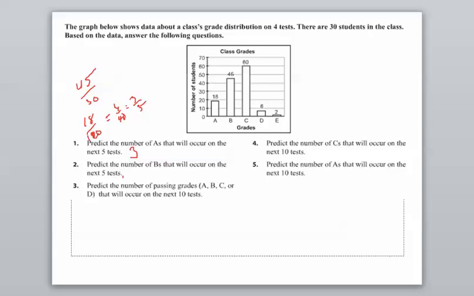Multiplying by 5, we get 15 out of 20, or 3/4. 3 divided by 20 is 0.15, right? 3 out of 20.